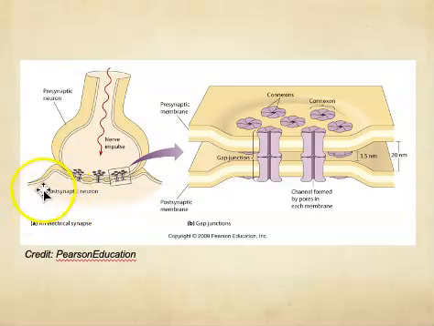Here is the postsynaptic neuron. What you're looking at here is the membrane of a dendrite. Terminal axon, dendrite. The two membranes are coming together and they're actually being connected to each other with gap junctions. We're going to take one of these and blow it up.